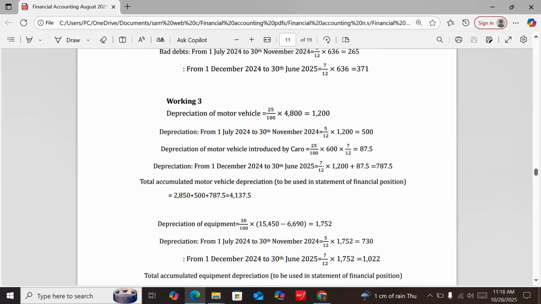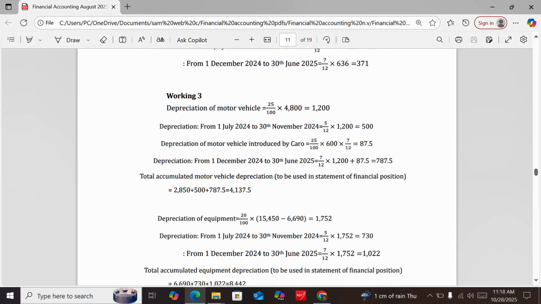So we have 7 out of 12 times the 12 funded. So this is the depreciation before she was admitted. And then this is the depreciation of the motor vehicle introduced by Carol. Then we have accumulated depreciation, to be used in the statement of financial position.